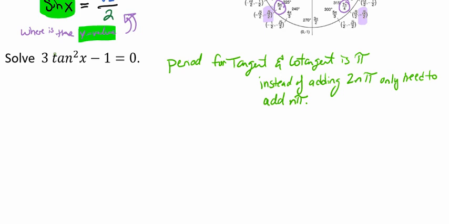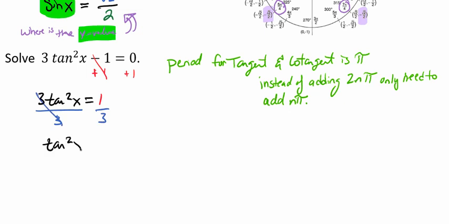So we have our equation, 3 times the tangent squared of x minus 1, and we're going to begin by adding 1 to each side, so that we have 3 times the tangent squared of x equals 1. Then we're going to divide each side by 3, which gives us the tangent squared of x equals 1 over 3.